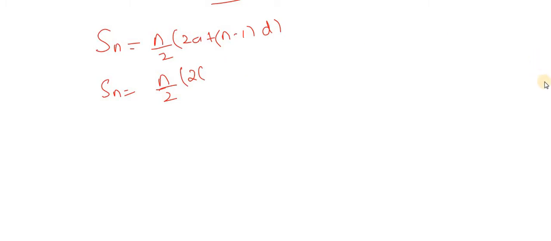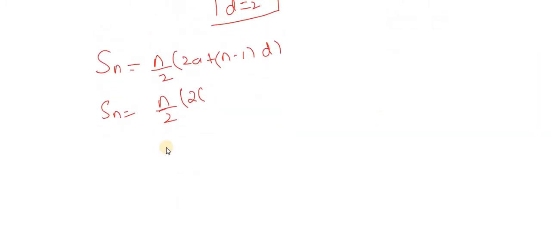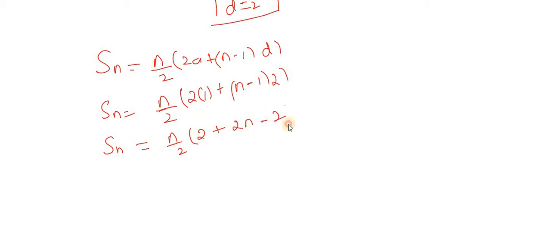A value is, just now we found, A value is 1. 1 plus n minus 1 into d, d value is 2. Now simplify here. Sn is equals to n by 2 into 2 plus 2n minus 2. Here 2 and 2 get cancelled.